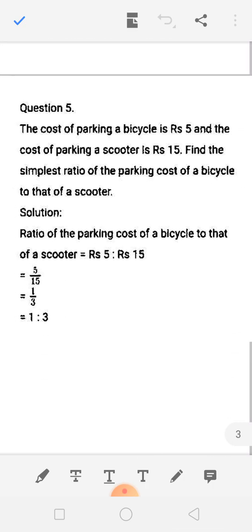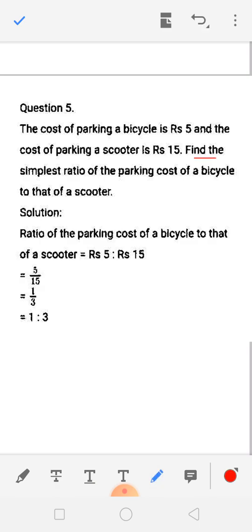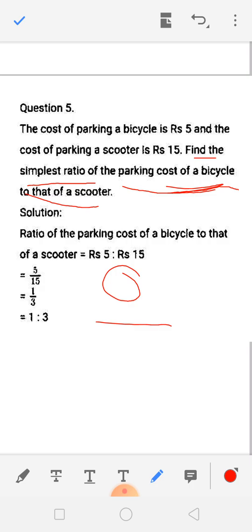The cost of parking a bicycle is rupees 5 and the cost of parking a scooter is rupees 15. Find the simplest ratio of the parking cost of a bicycle to that of a scooter. First they are mentioning bicycle, so the bicycle value comes in the numerator, on top, and the scooter value comes in the denominator, at the bottom.